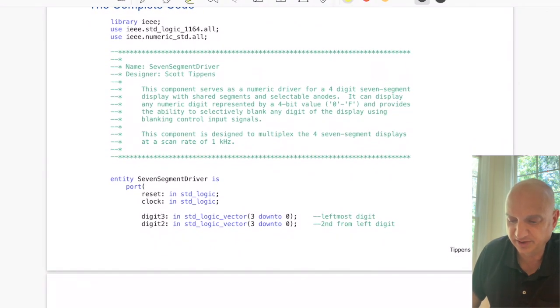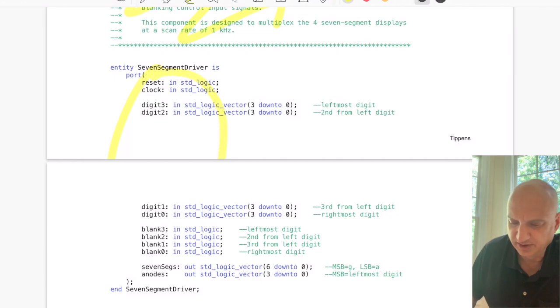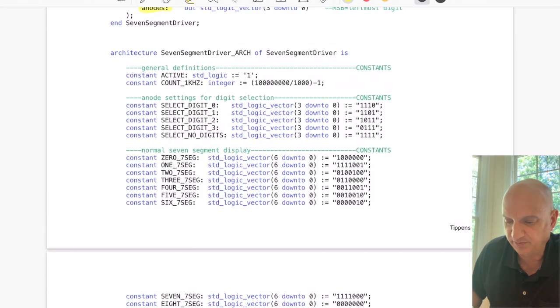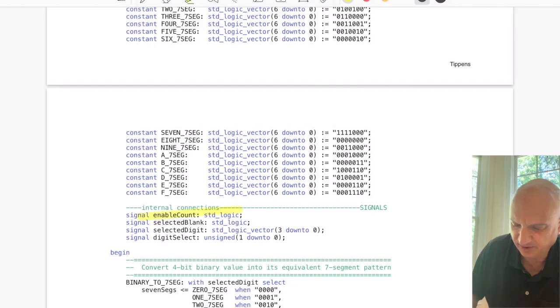But you can take a look here and notice there's your comment blocks here. This is your port declaration where we have our digits and then our blanking inputs, and there's our 7-segment anode outputs. We set up our constants for our conversions to the 7-segment display. So this is our normal 7-segment display constants right there.